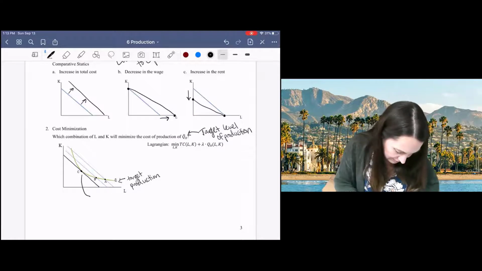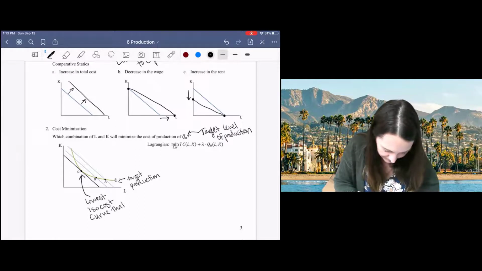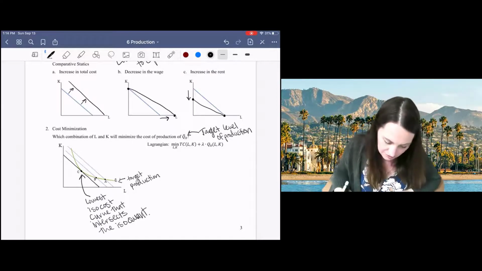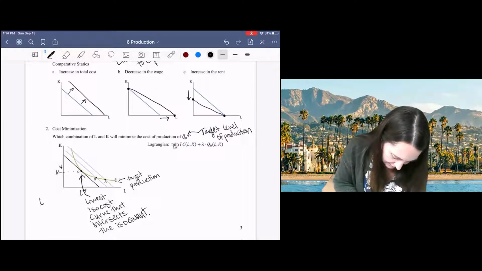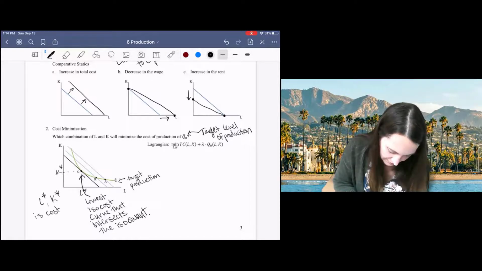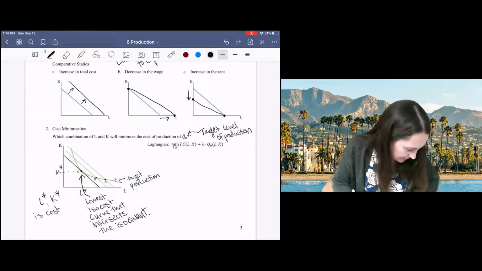So here we are on the lowest isocost curve that intersects or touches the desired isoquant. So this combination of labor and capital found at point C is the optimal, or cost minimizing, combination of our inputs.